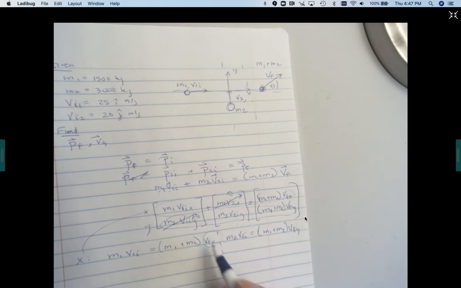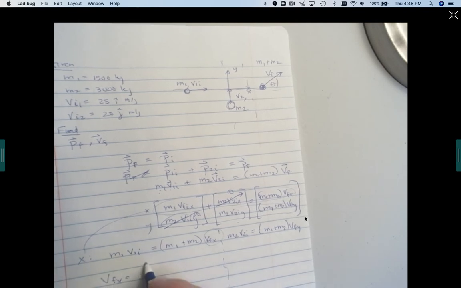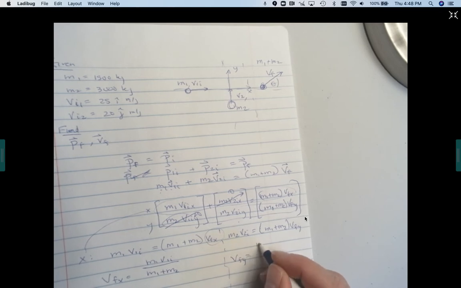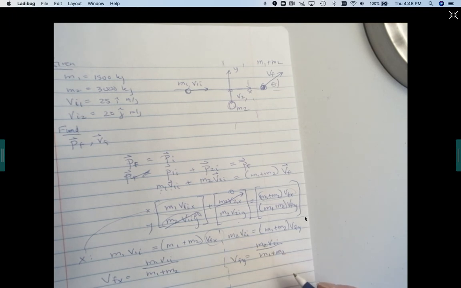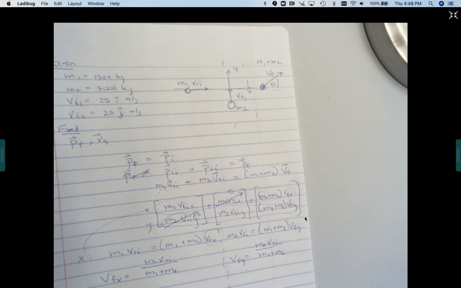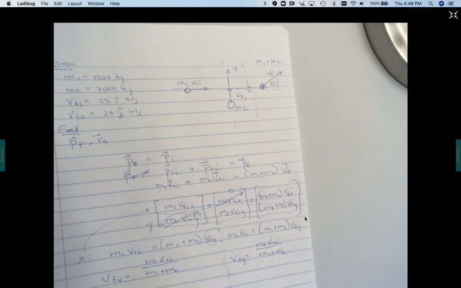Okay, so we can actually find now what v final x is, right? So we can get v final x is m1 v1 initial divided by m1 plus m2. And v final y is m2 v2 initial divided by m1 plus m2. Okay, so let's see what we get. All right, so m1 is 1500 kilograms.